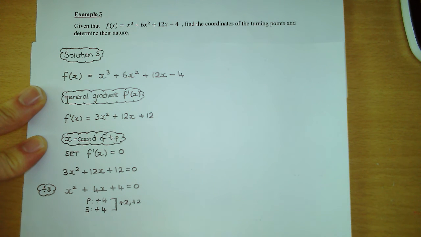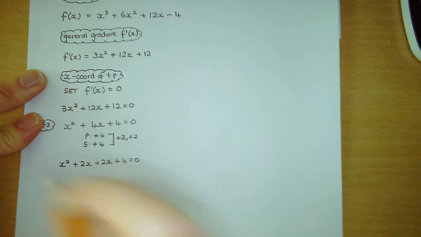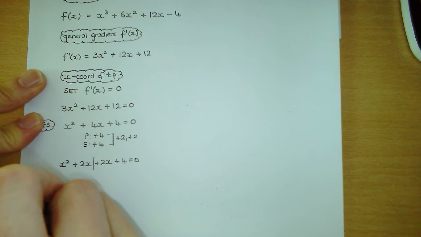Okay, so break up the middle x term. So we're going to have x squared plus 2x plus 2x plus 4 equals 0. And then split in half, factorize each half.